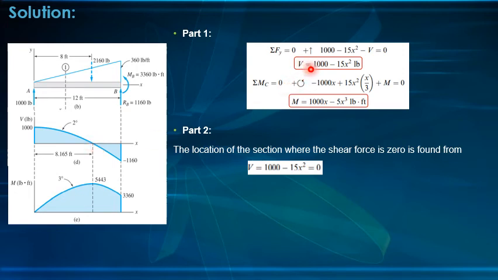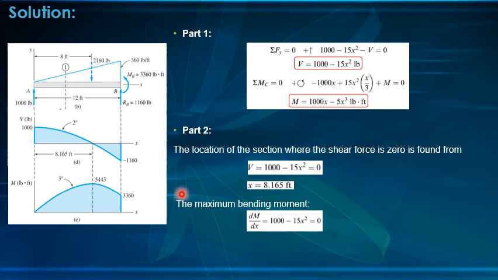So, we will be able to solve for x. Kaya ito na po siya. We have V, the shear force, equals to 1,000 minus 15x squared, and that is equal to 0. And we will be able to solve for x, that is equal to 8.165 feet. Okay?